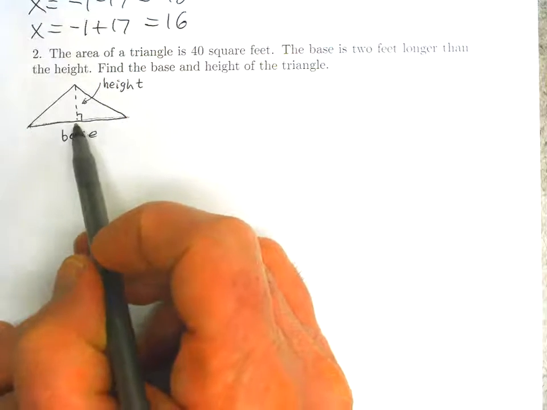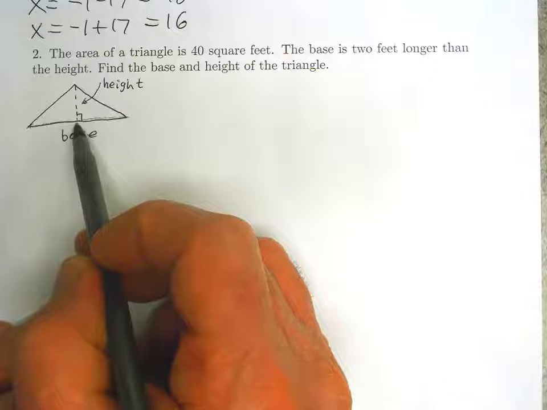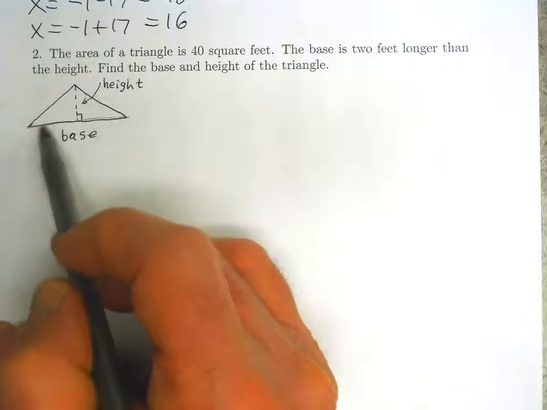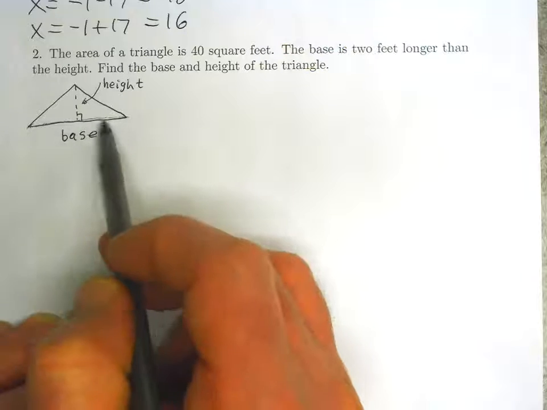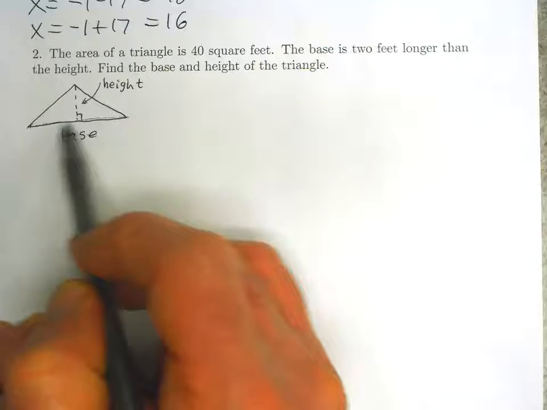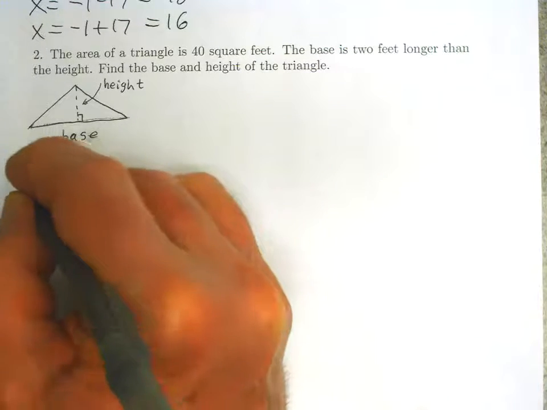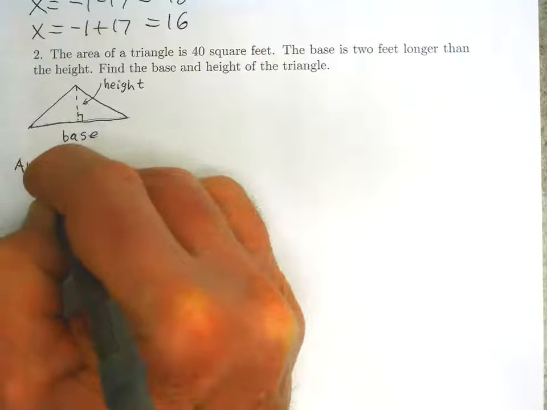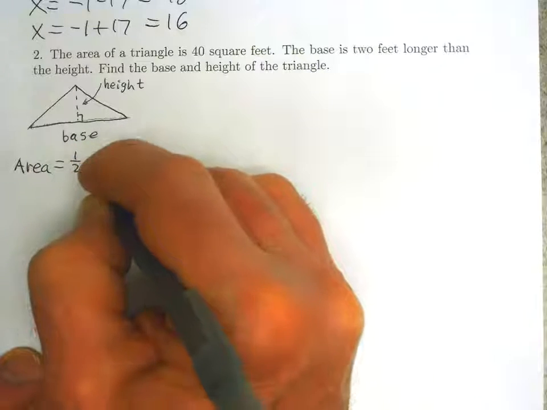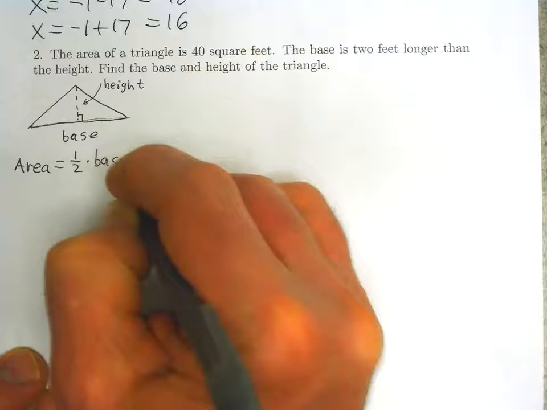The height is the line segment that connects the vertex opposite the base and is perpendicular to the base. And then the area of a triangle is just 1/2 times the base times the height.